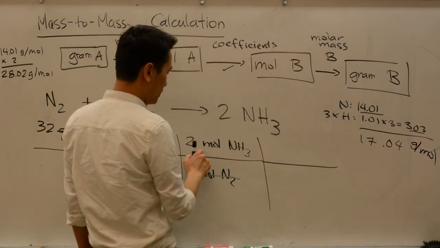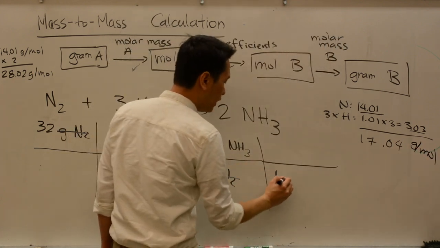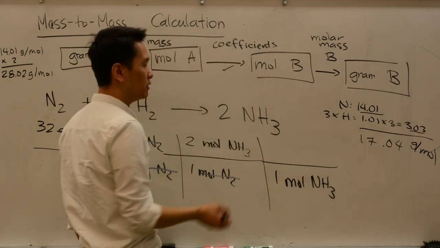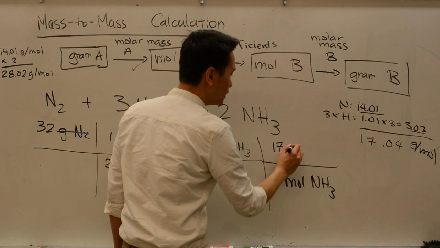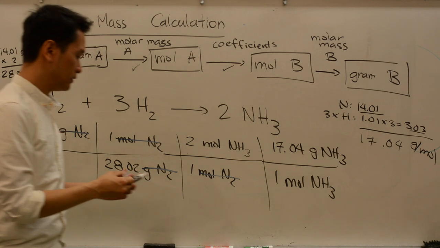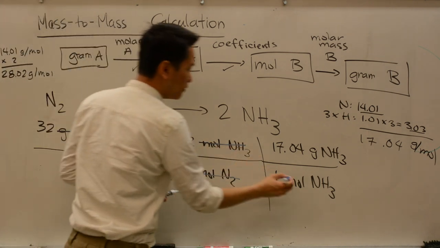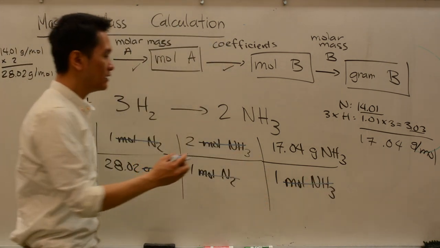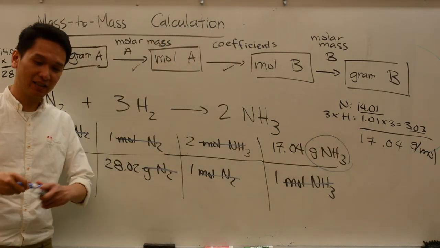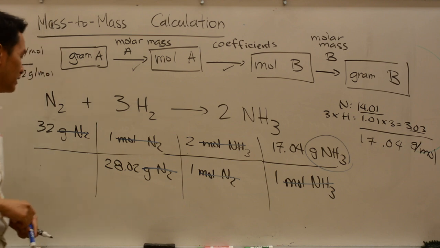So for every 1 mole of ammonia, you get 17.04 grams of ammonia. Moles and moles cancel. The last unit here is grams of ammonia. Again, that's unit analysis telling us we are in the right direction.